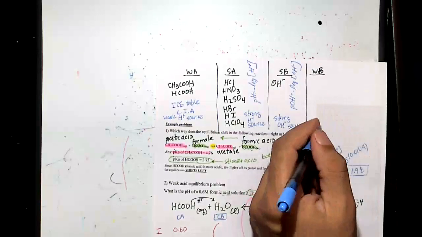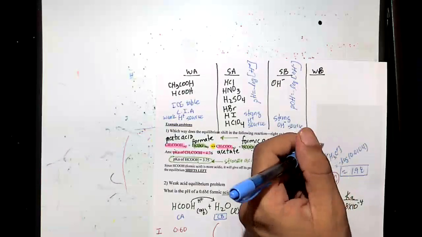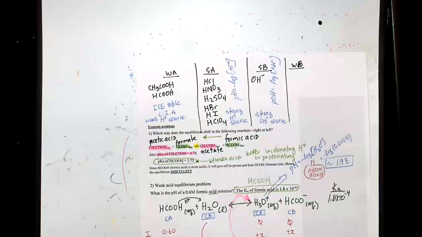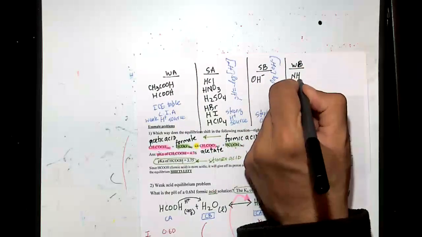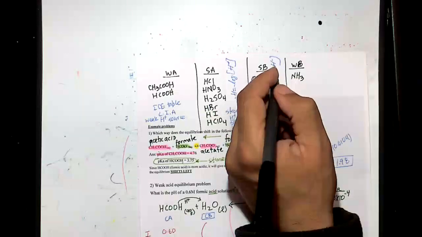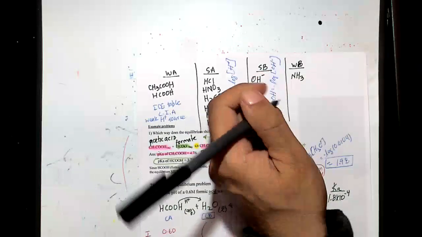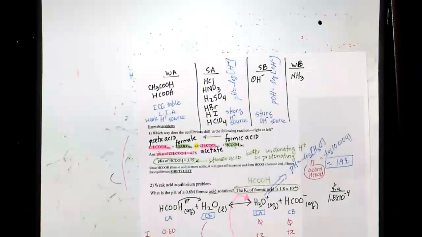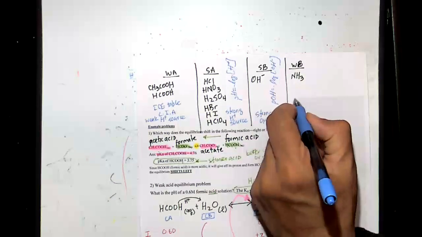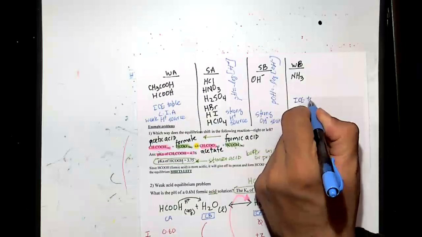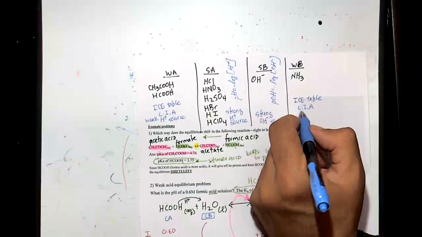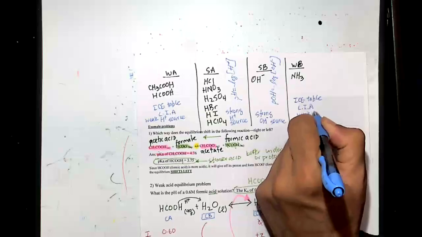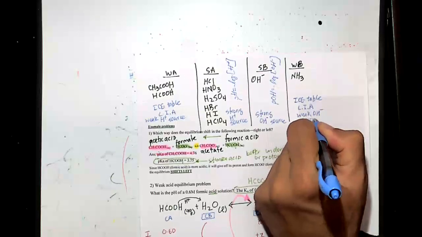And then the weak base, page 17 has some weak bases. Very classic example of a weak base is NH3, any of the amines. We have a list here on page 17. This is what you have to do, an ice table. On the exam, you can use the low ionization assumption. This is a weak OH minus source.